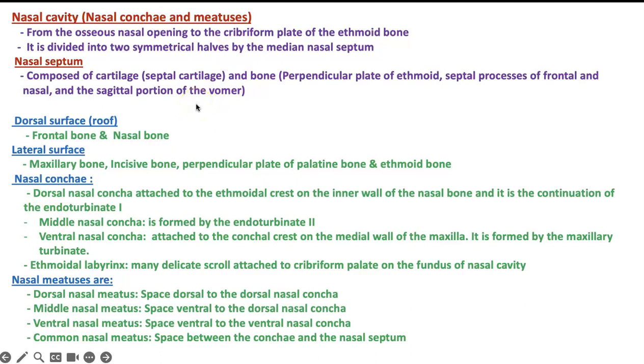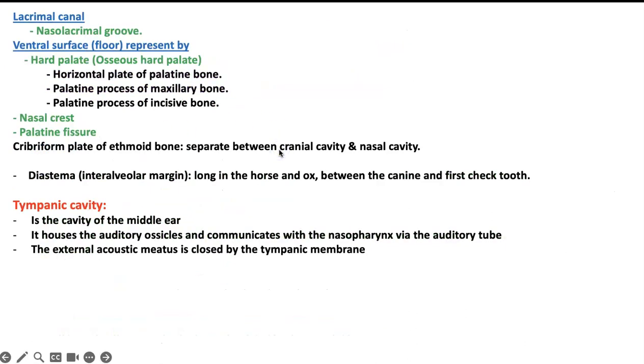In the case of the dog, we have the dorsal nasal concha, middle nasal concha, and ventral nasal concha, and we have the ethmoidal conchae. For the nasal meatus, we have the dorsal nasal meatus, middle nasal meatus, ventral nasal meatus, and common nasal meatus.